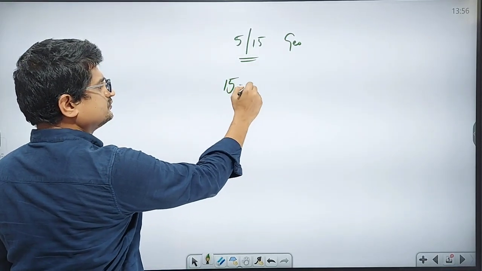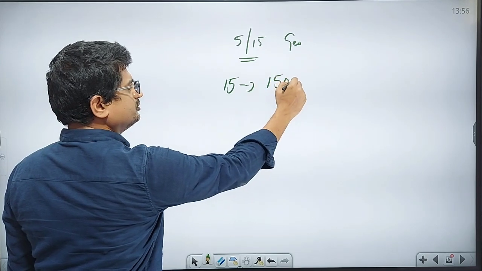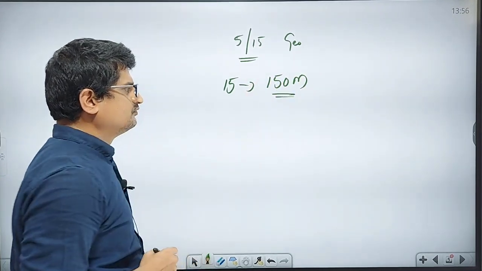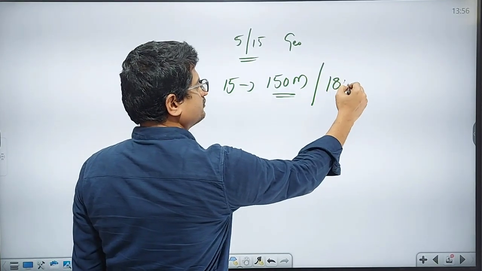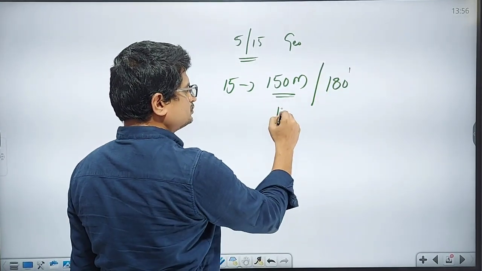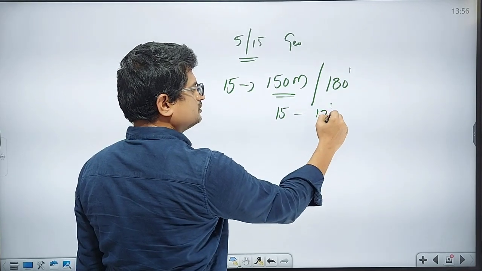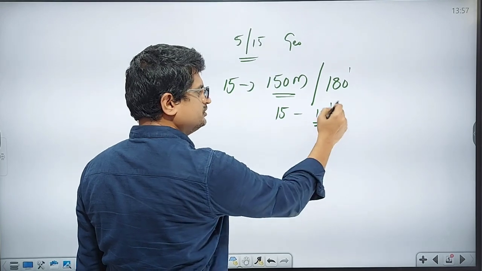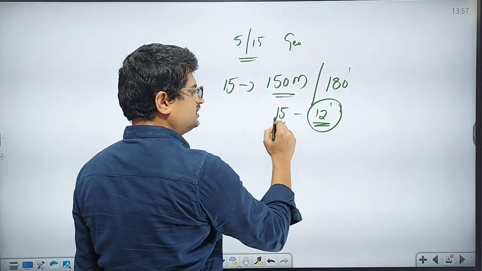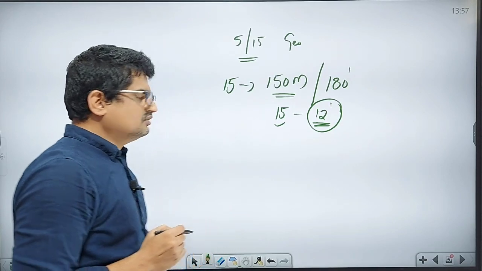Generally 15 questions carry 150 marks, maximum marks 150, and they allocated us 180 minutes of time. So each question carries how much? 12 minutes of time. Only 12 minutes to complete a 10 marker question.